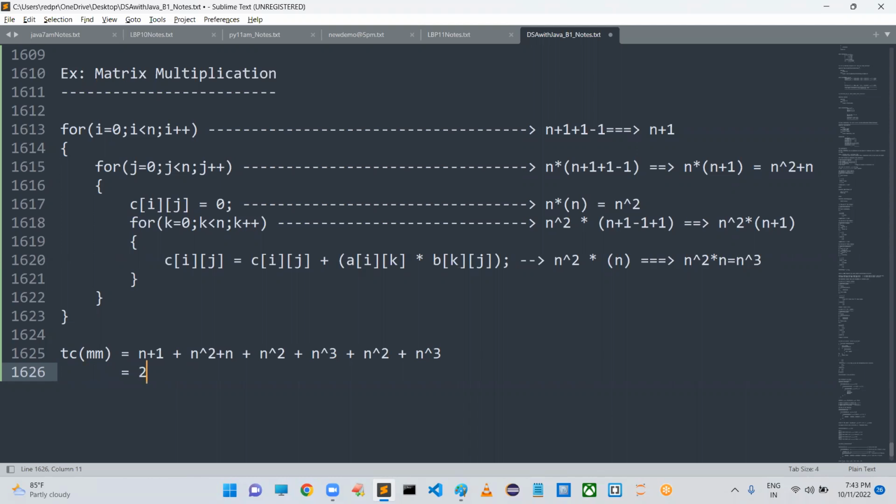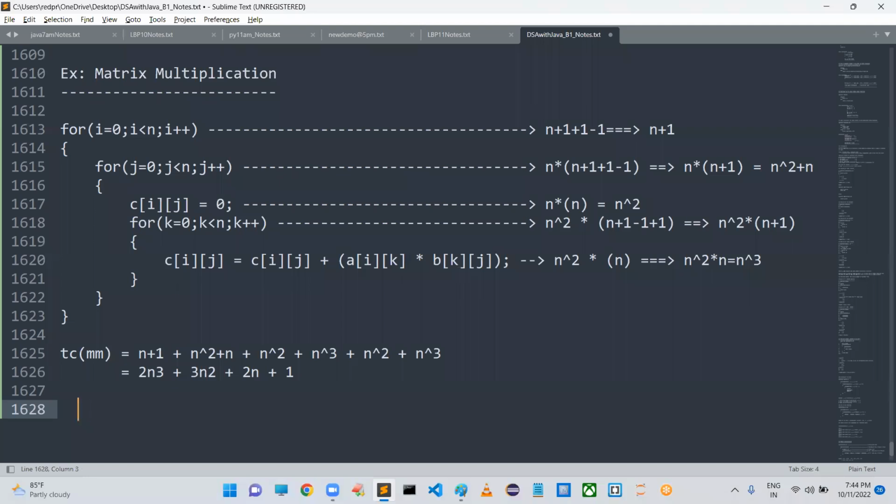I think 2 n cubes, plus how many squares? This is 1 n square, this is 1 n square, this is 1 n square, so 3 n square. Plus how many n's are there? This is 1 n, this is another n, so 2n. Plus how many constant values? I think only 1. Like this, now it will become the simplified instruction.